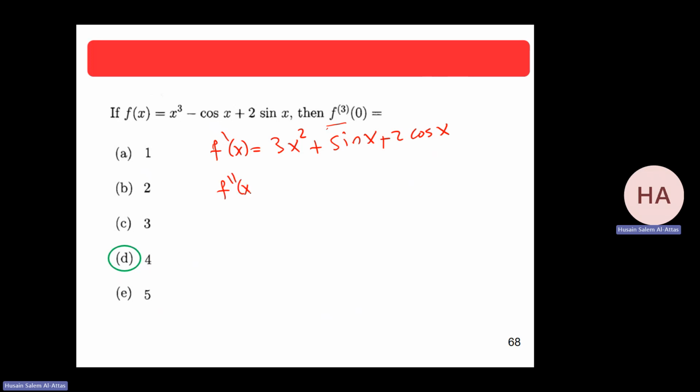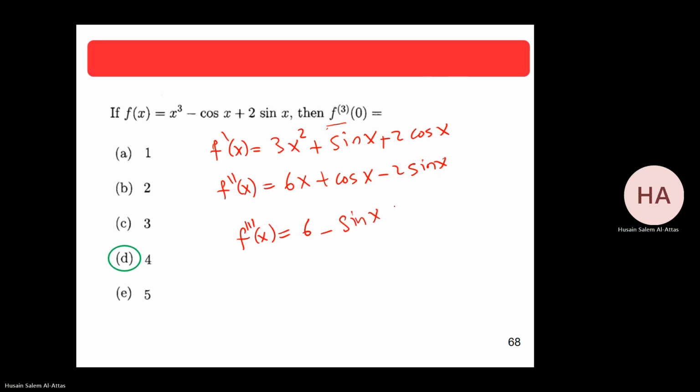Second derivative. Since it's the third, so we can do it quickly. That will be 6x plus cosine x minus 2 sine x. The third derivative, that will be 6 minus sine x minus 2 cosine x.